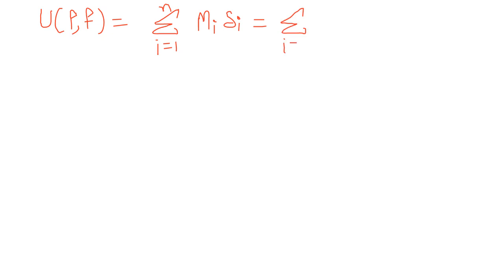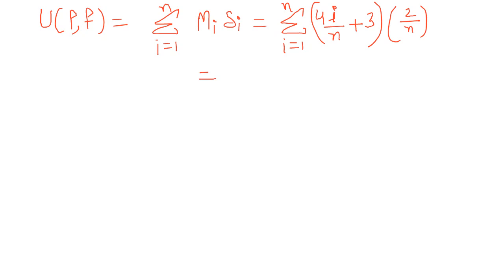UPF. What is UPF? UPF is summation i equal to 1 to n of mi delta i. What is mi? We have already found mi. So it is (4i upon n plus 3) into 2 by n. So we will easily calculate.